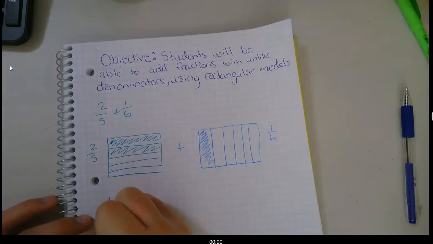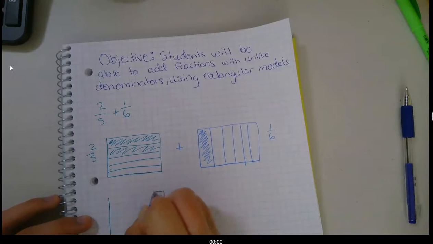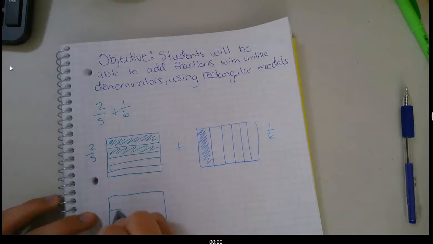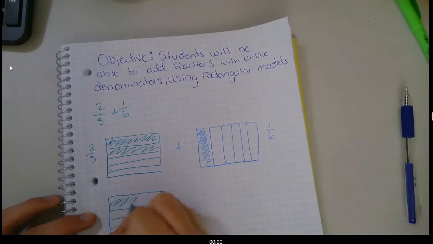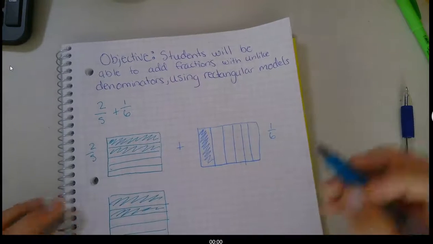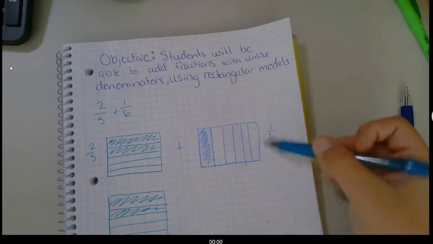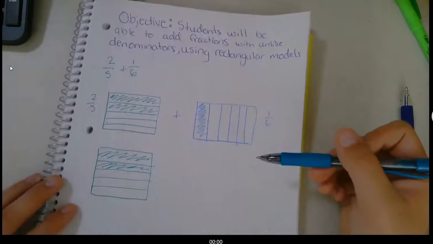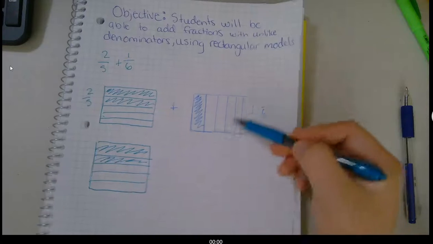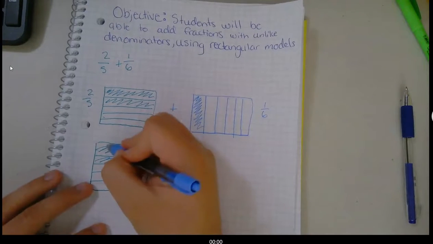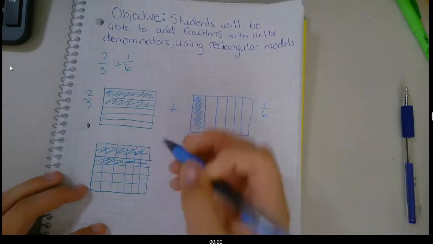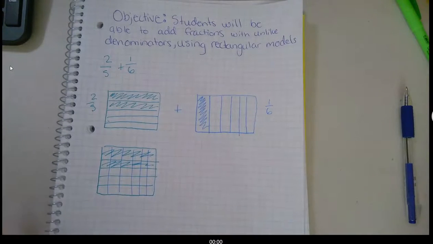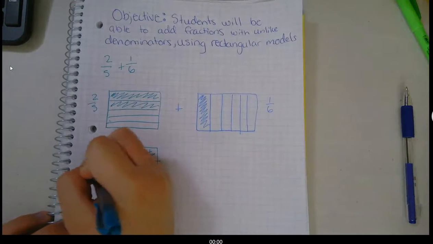So 2/5 is going to end up as, we're going to use the original fraction, shade in 2, but then you're going to split it into 6, going the other way. So 1, 2, 3, 4, 5, 6. So 2/5 is going to end up equaling 12/30.